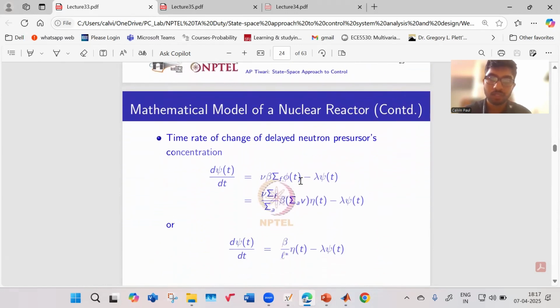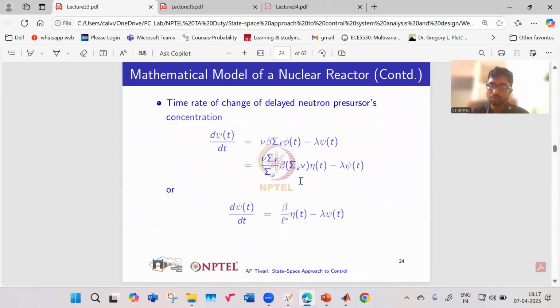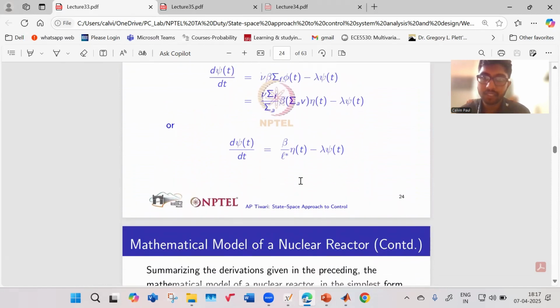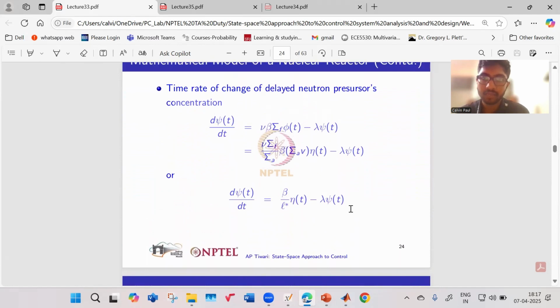Okay. Now, what is the time rate of change of delayed neutron precursor concentration? The delayed neutrons are produced from the delayed neutron precursors, and if their concentration changes, what is the effect? That effect is written by this.